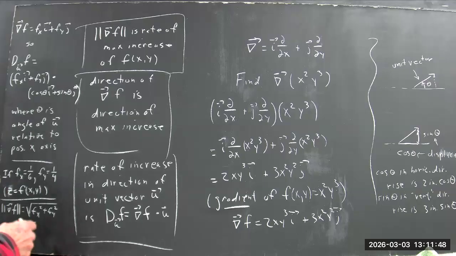Okay, so that's 1/36, which is 4, plus 9 over 144, which is the square root of 13 over 12.